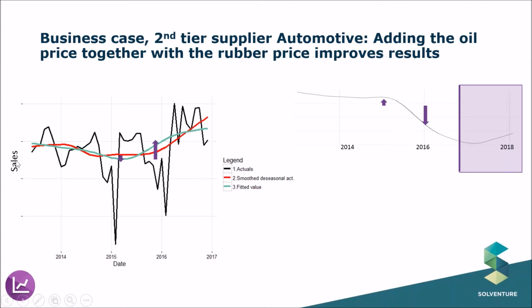So you could say the long-term trend and growth in my sales was driven more by the rubber price and the effect it has on the tire industry. But the shorter-term effect, the fact that my sales is increasing faster in the more recent history, seems to be more driven by the oil price.